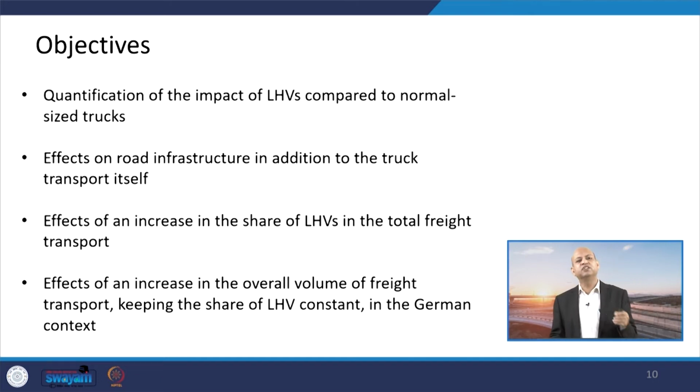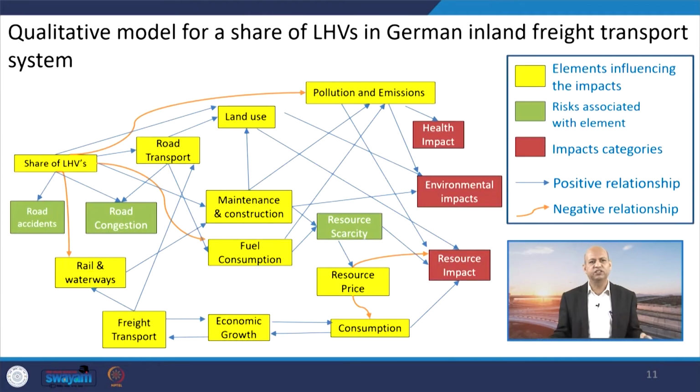Then we have to see the effects of an increase in the share of LHVs in total freight transport, and also observe the effects of an increase in the overall volume of freight transport, keeping the share of LHVs constant in the German context.